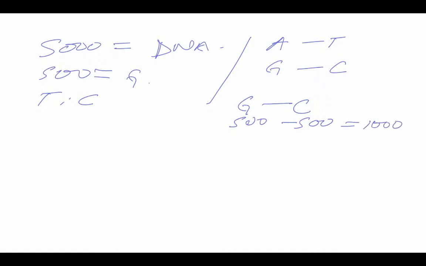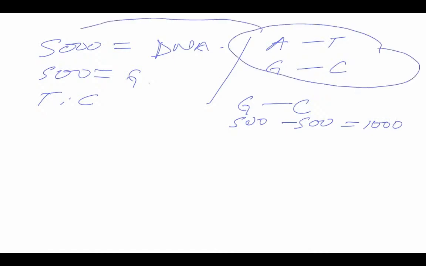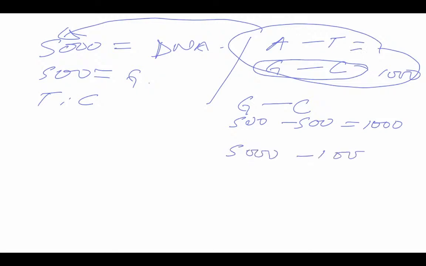But the total number of bases in the DNA, all of them, is 5,000. So what does it mean? It means that if I remove guanine and cytosine, as this is equal to 1,000, the balance will be for this. So I'll come here and say 5,000 minus 1,000.